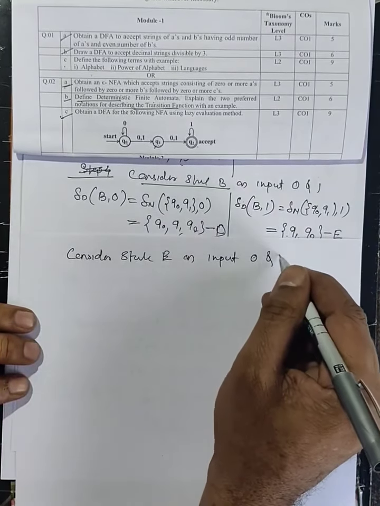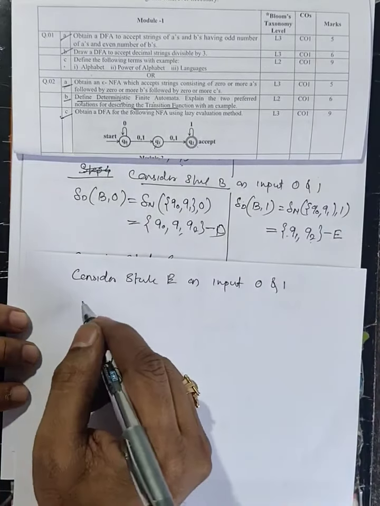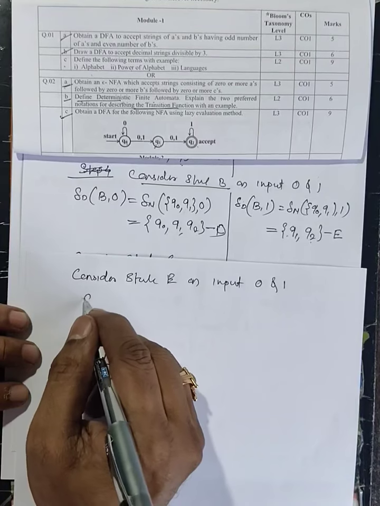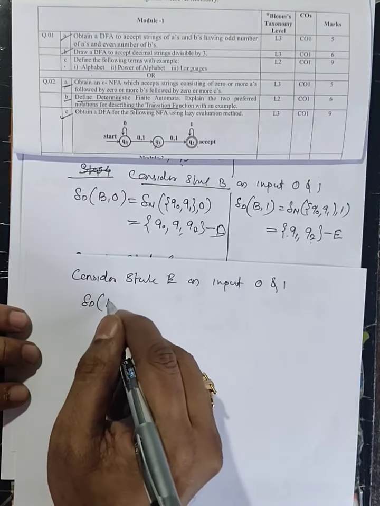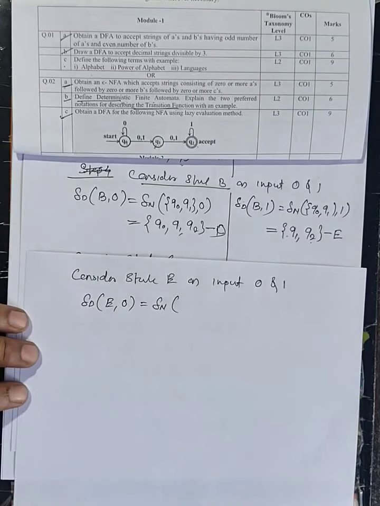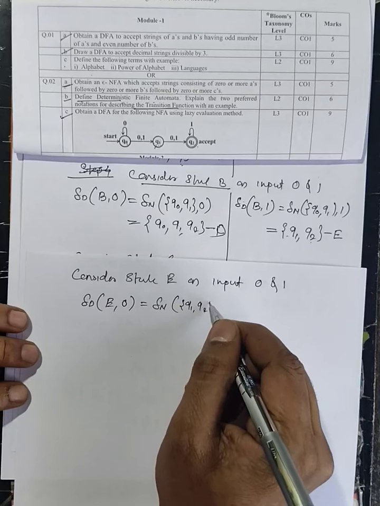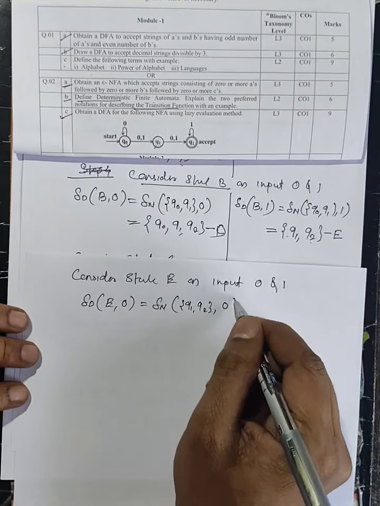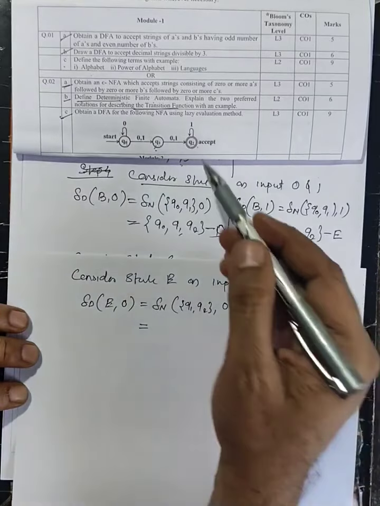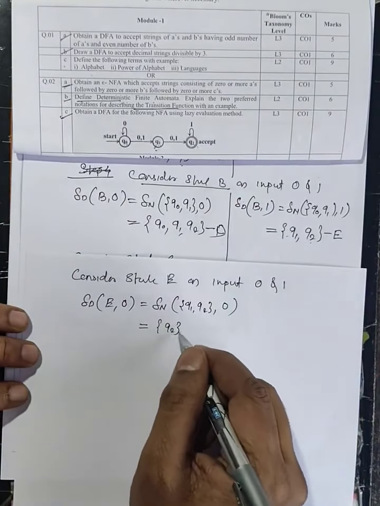Input 0 and 1. What is E? E is Q1, Q2. E on 0, NFA transition. Q1, Q2 on 0: Q1 on 0 gives Q2, and Q2 on 0 gives nothing. Means this is Q2.